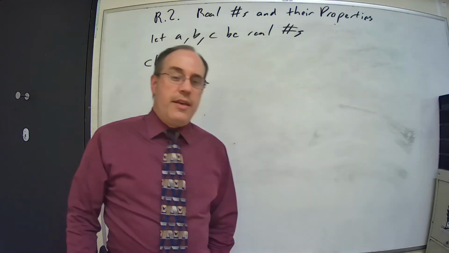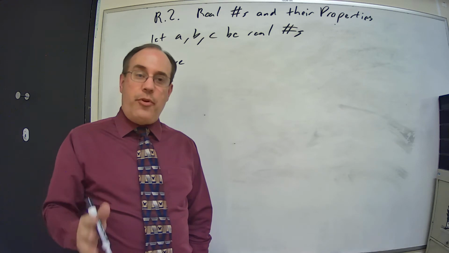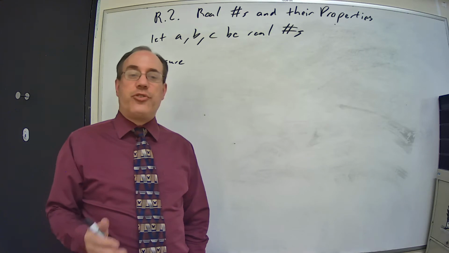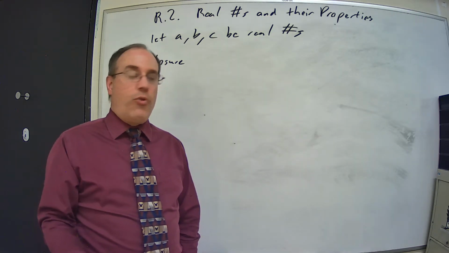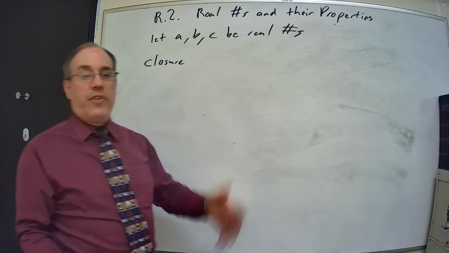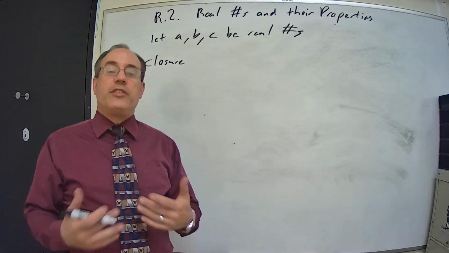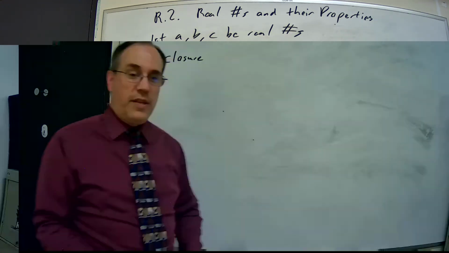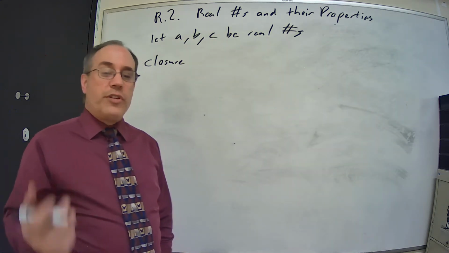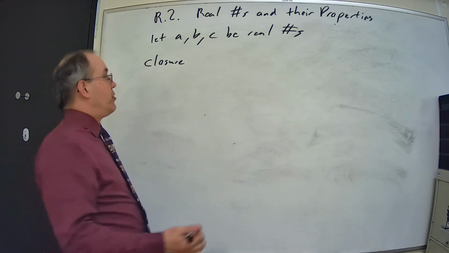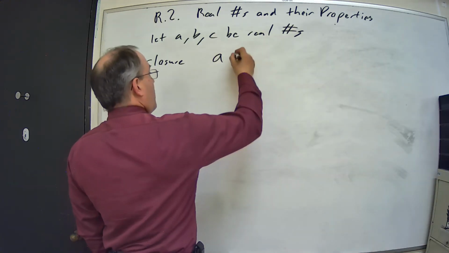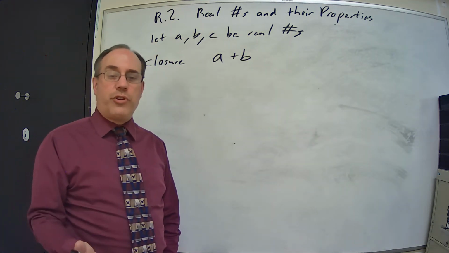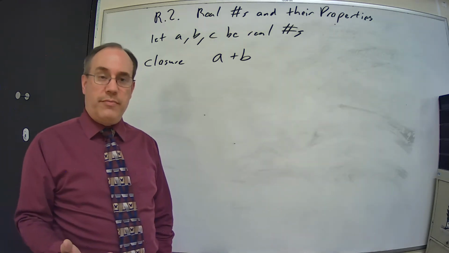Closure means that if an operation has closure, when you perform that operation on a certain set, or two pieces of the same set, then the result will also be in that set. So if we're dealing with the set of real numbers, addition has closure on the set of real numbers.